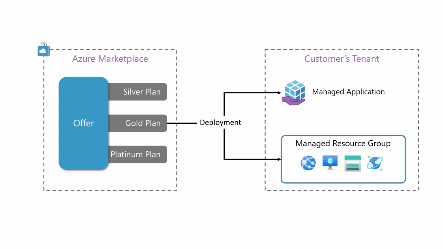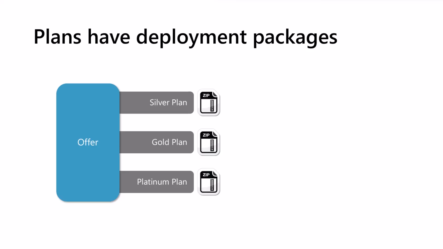Note that each plan has its own definition of the managed app and can therefore deploy different resources into an MRG per plan. So my Silver plan might include a particular database, whereas my Gold plan may include a different one or none at all. Each plan has an associated deployment package that's held in that zip file.